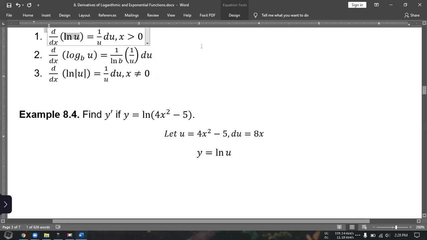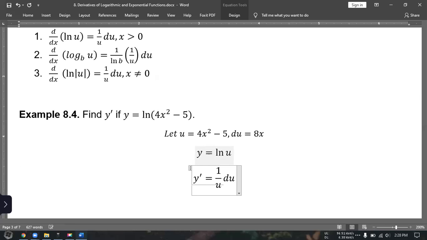So we have now the derivative of the natural logarithm of u, which is 1 over u du, where again, u here is 4x squared minus 5, right?